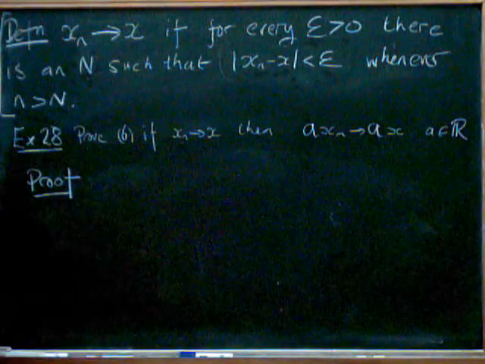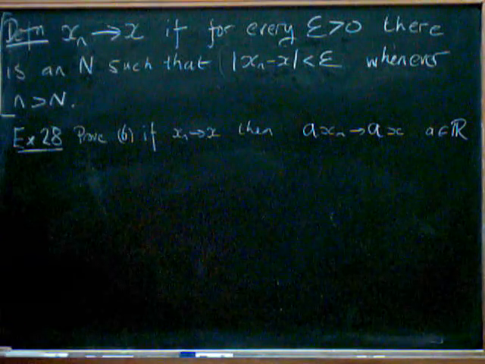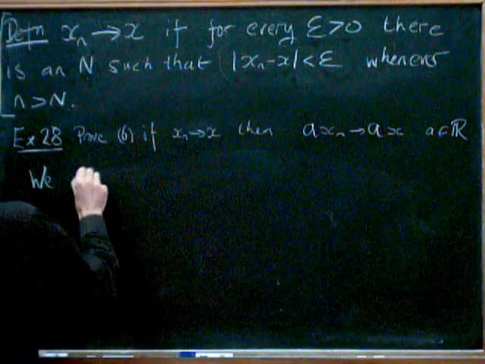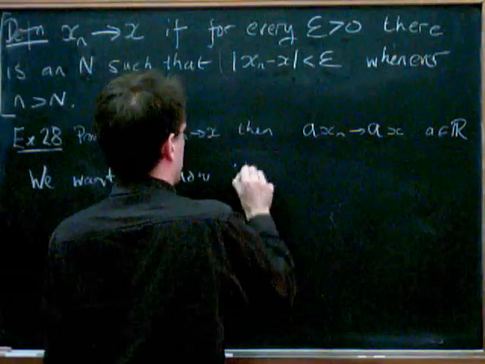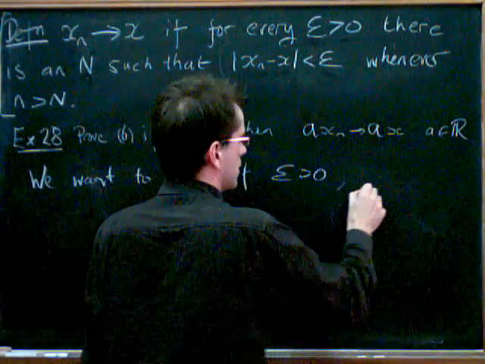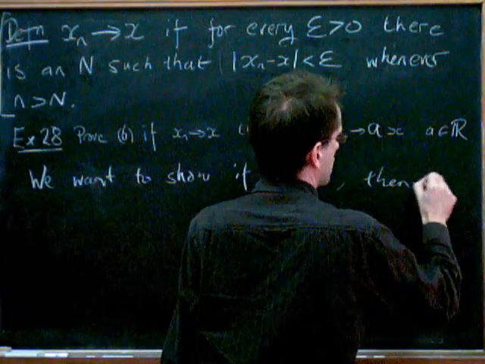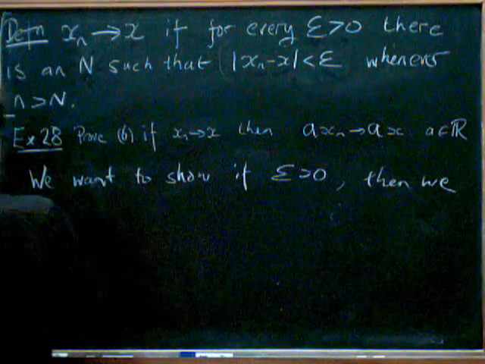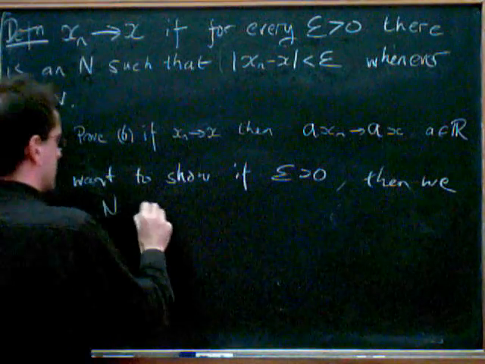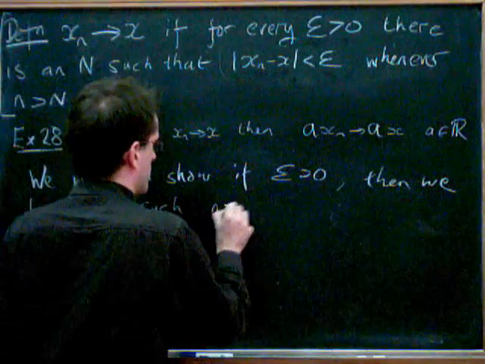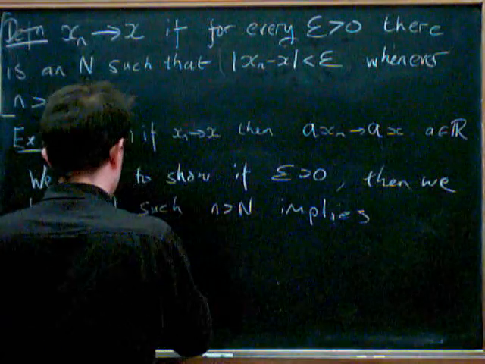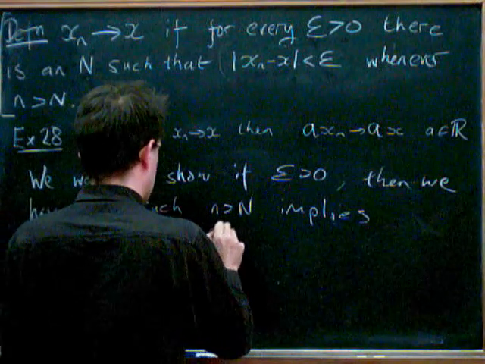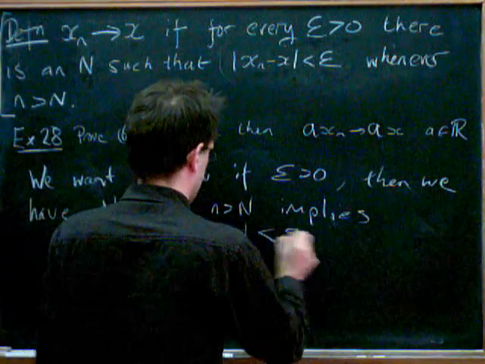So let's have a little think. We want to show that if epsilon is bigger than 0, then we have an N such that n bigger than big N implies the modulus of axn minus ax is less than epsilon.